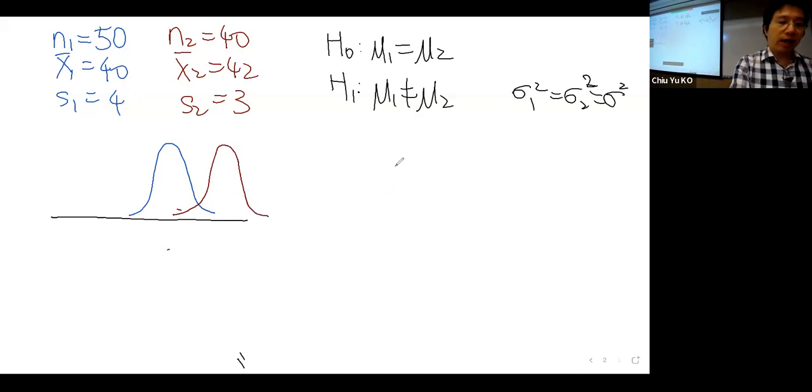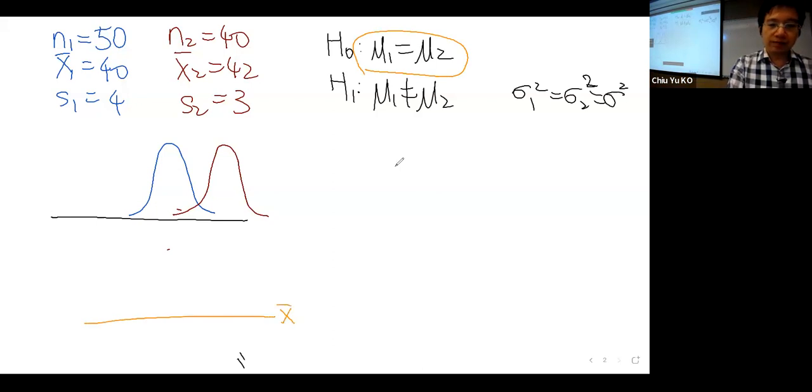Okay, and the question would be, we want to see whether this data we're going to draw is going to support this. And remember, what we are saying now is they have no difference. They're the same. So when you look at the difference, which is x1 bar minus x2 bar, it will be centered at 0, right?